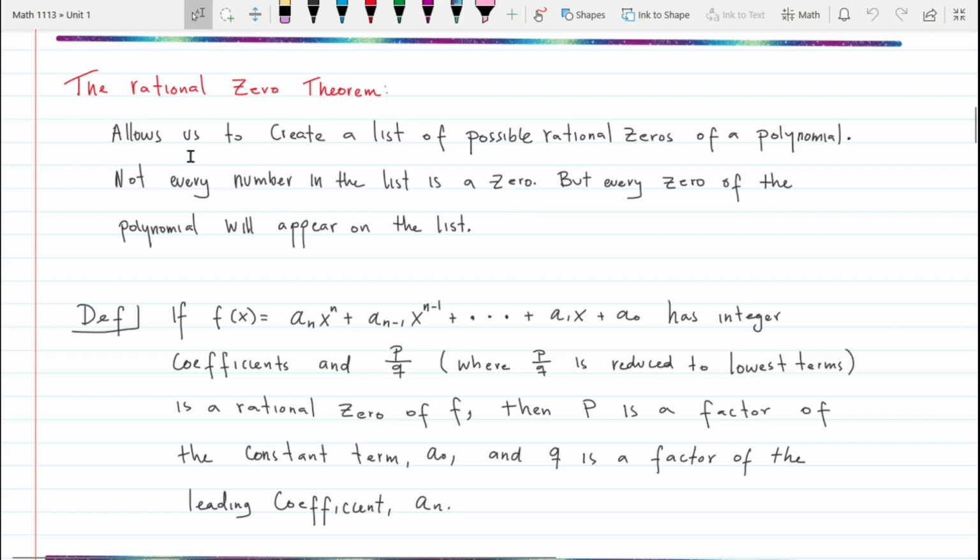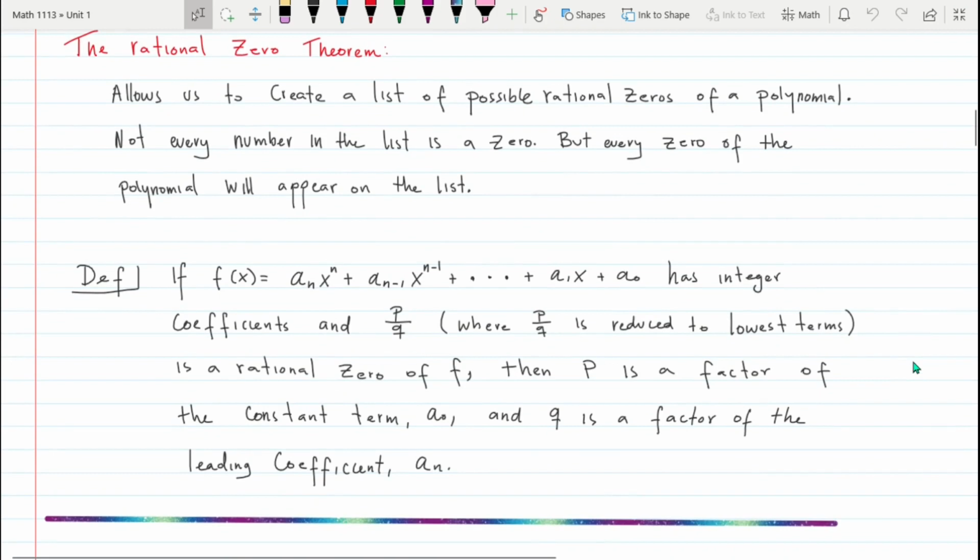Now, not every number in the list is a zero, like I just said, but every zero of the polynomial will appear on the list. Then, here's the more textbook definition.